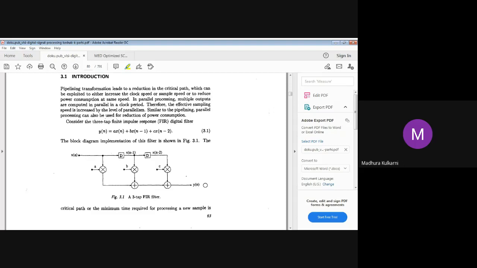Pipelining is implemented. The very first requirement of pipelining is because we need to reduce the critical path. The critical path is nothing but the longest path without any delay. I will repeat, the longest path without any delay. It means the path having the maximum number of nodes without any delay.